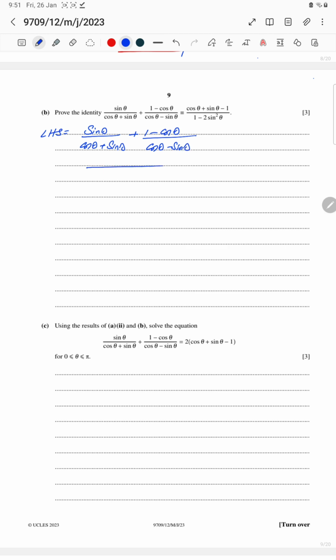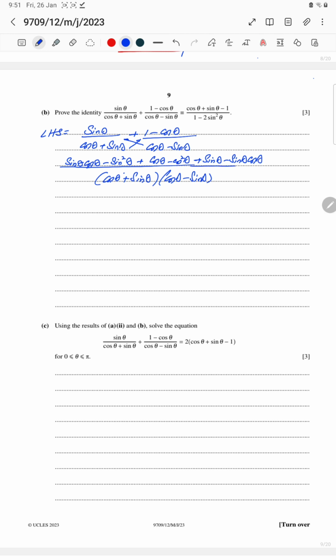Taking the LCM, we get (cos theta plus sin theta) times (cos theta minus sin theta), and doing a cross multiplication, here we get sin theta cos theta minus sin square theta, and there, multiplying with cos theta plus sin theta, we get cos theta minus cos square theta plus sin theta minus sin theta cos theta.